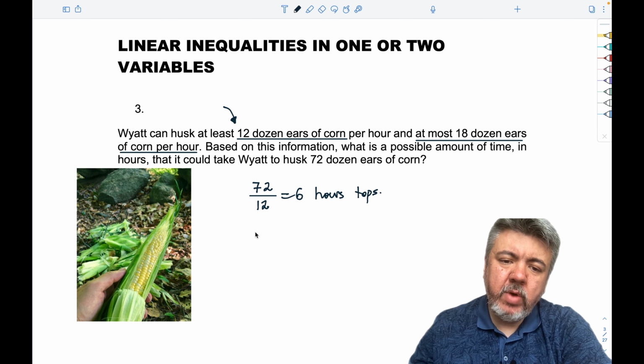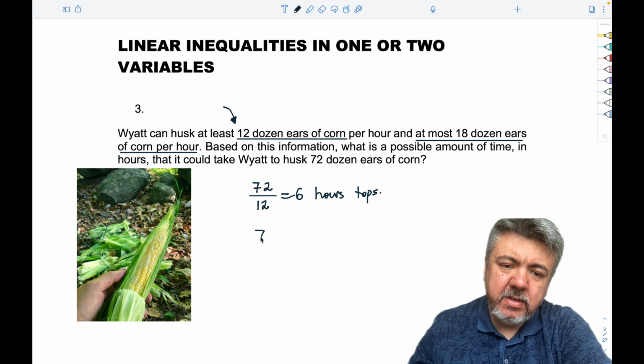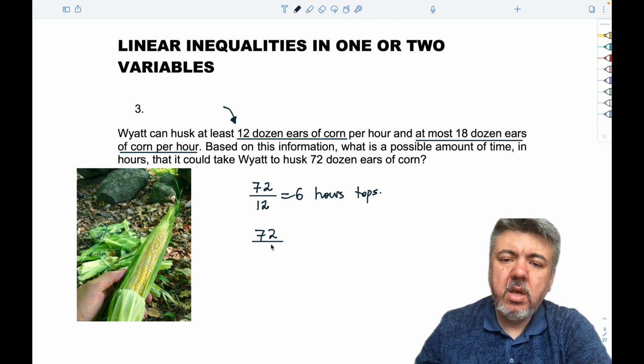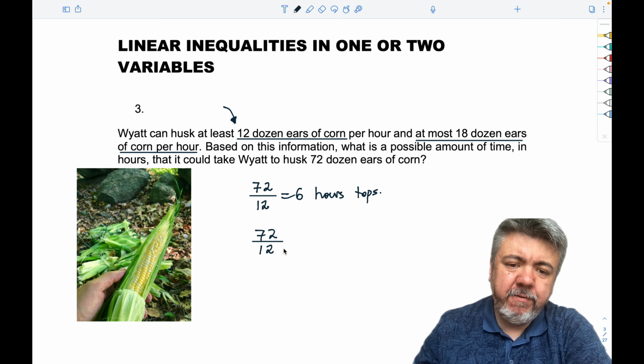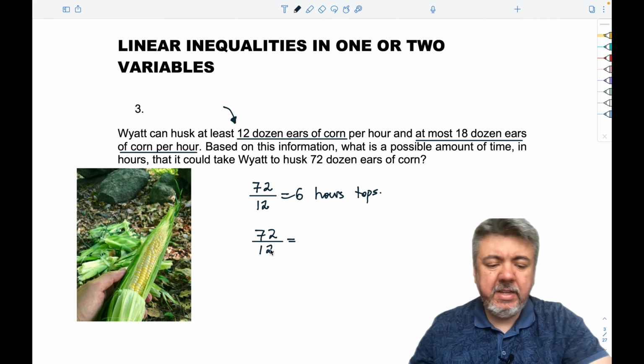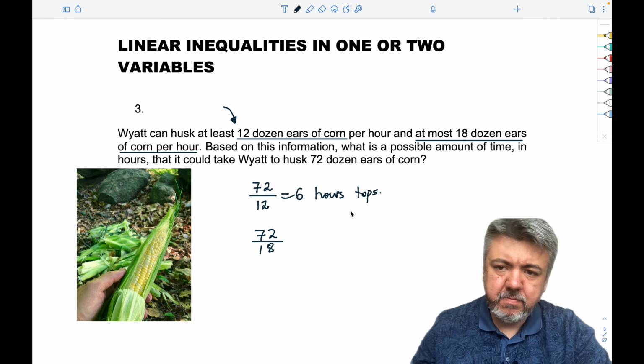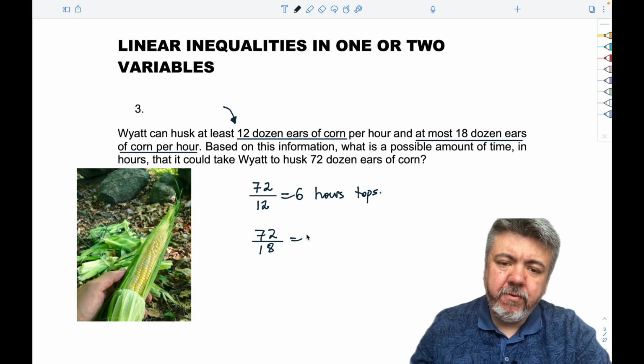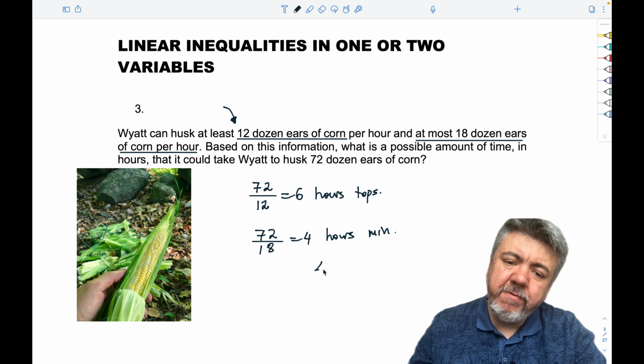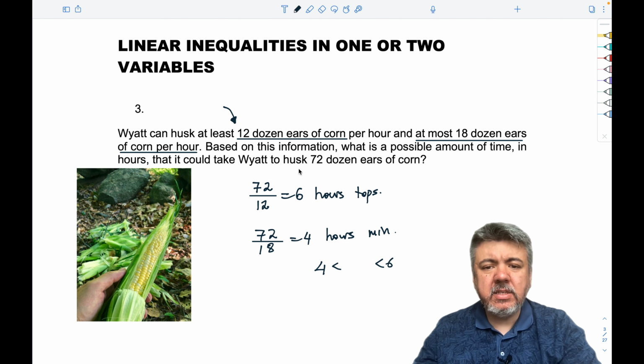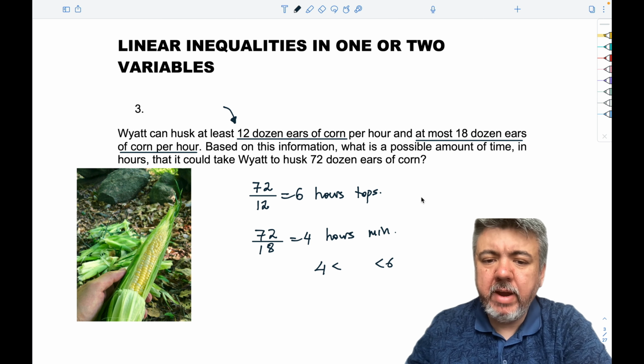And when he's fast, 72 dozens divided by 18, it's going to be 4 hours. That is the minimum. So between 4 and 6, any answer to this question will be correct.